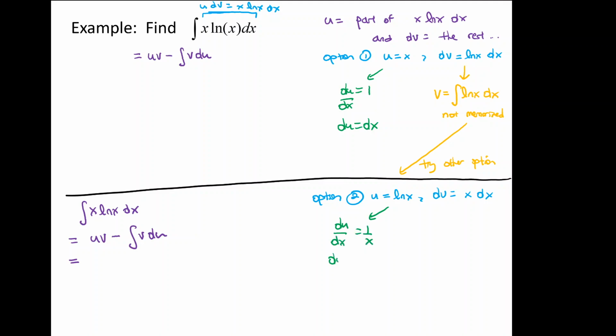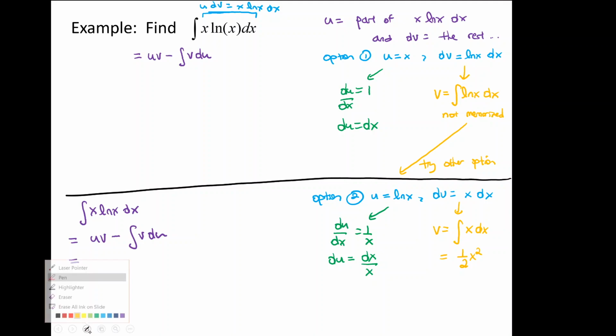Cross multiply. du is dx over x. Okay, now for dv, integrate both sides. We get v is equal to the integral of x dx. And that's an integral we can do by memory, or by using a simple rule, the anti-power rule. 1 over 2 x to the 2 plus c, but we'll suppress the plus c.